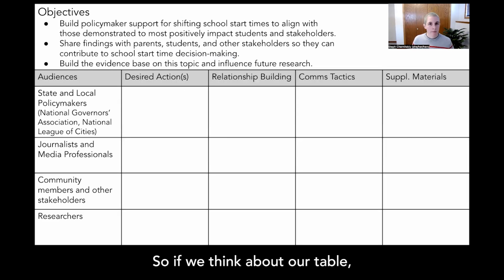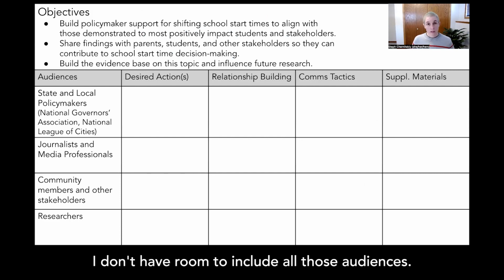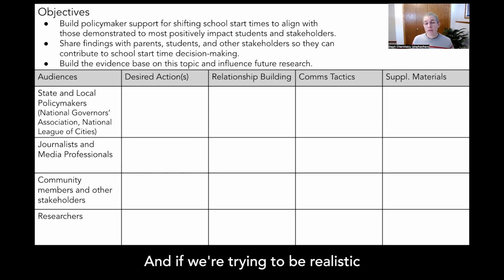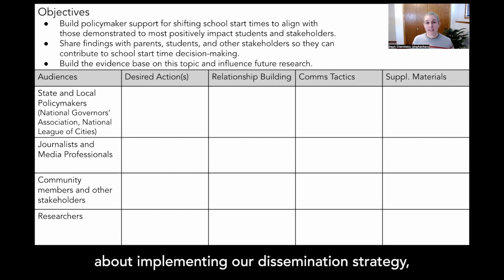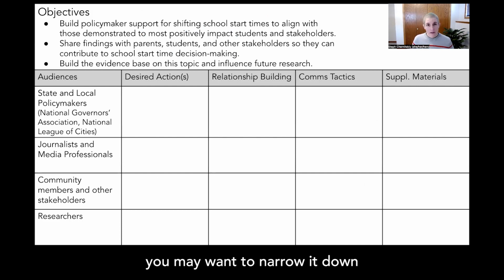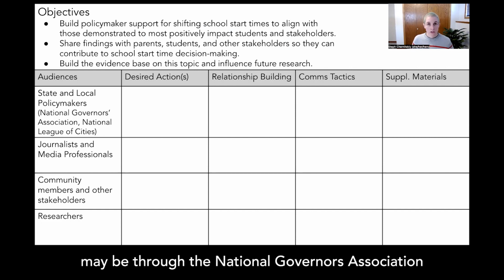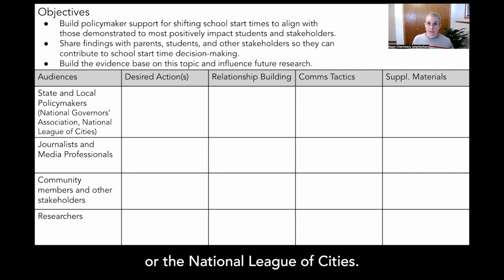So if we think about our table, I don't have room to include all those audiences. And if we're trying to be realistic about implementing our dissemination strategy, you may want to narrow it down to just a few audiences that you think will have the most impact, because it is a real challenge to reach out to audiences and to build relationships, which is what we'll talk about in just a few minutes. So on our table, I have included state and local policymakers, with a note that a great way to reach those individuals, those groups, may be through the National Governors Association or the National League of Cities.